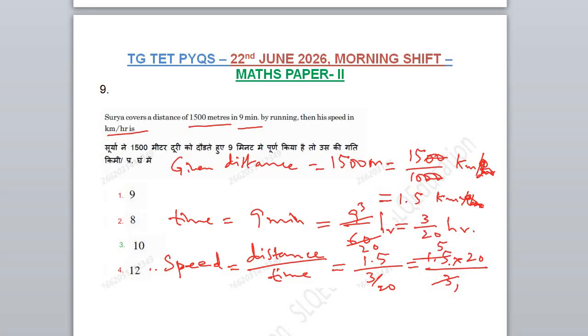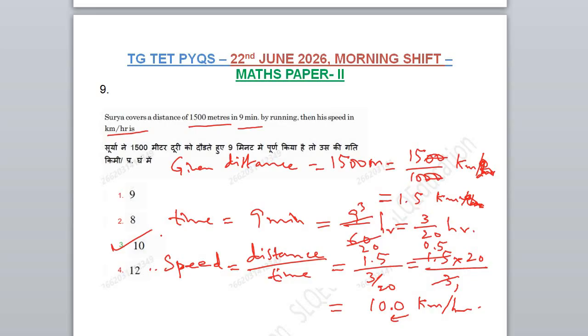Now you can put the point after 1 digit, so it is 0.5. Now multiply 0.5 by 20. Without the point, 5 times 20 gives 100 after point 1 digit, so we have to put the point. So it is 10 kilometers per hour. So the third one is the correct answer.